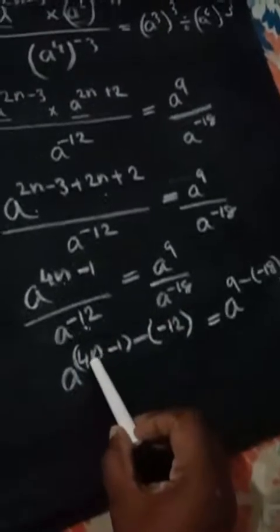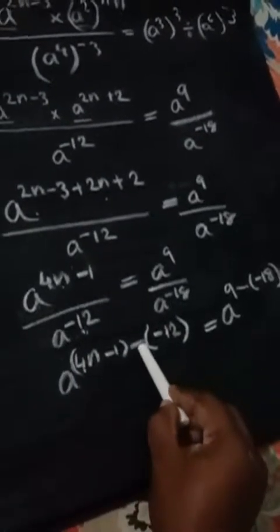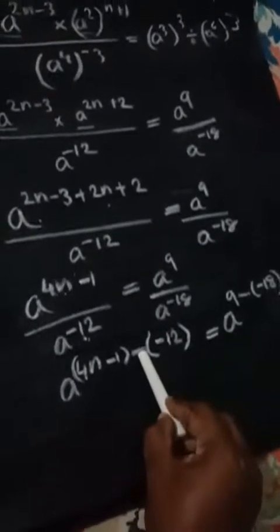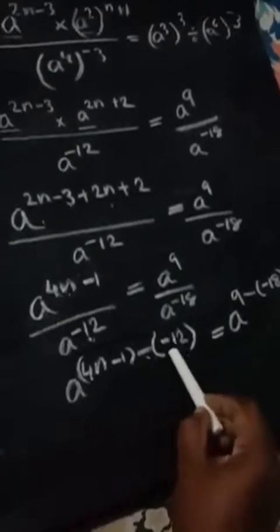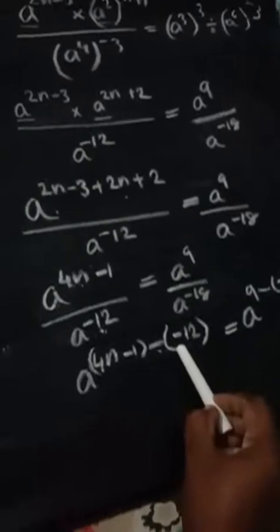That minus is m minus n, and in the place of n, minus 12, not plus 12.